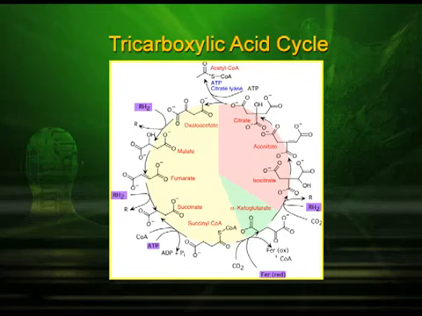So, malate or malic acid is converted to fumarate or fumaric acid, which is converted to succinic acid or succinate.